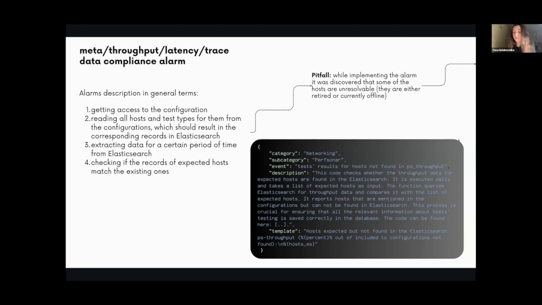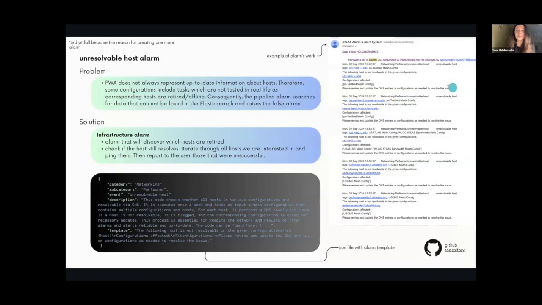I discussed that with my mentors and other people who support all these performance test tools and know better what is going on inside the system. And it appeared that some of the hosts are retired and unresolvable. So this made me create another alarm, which is called the unresolvable host alarm.